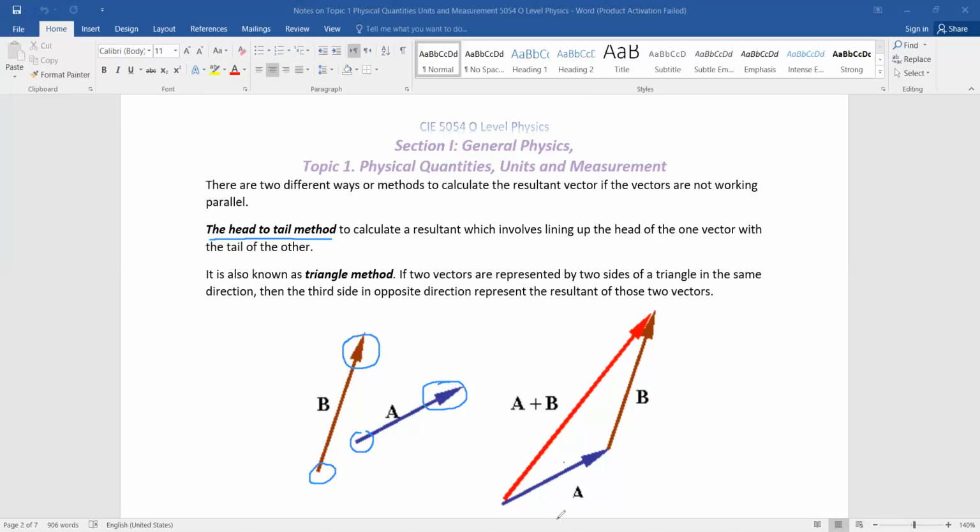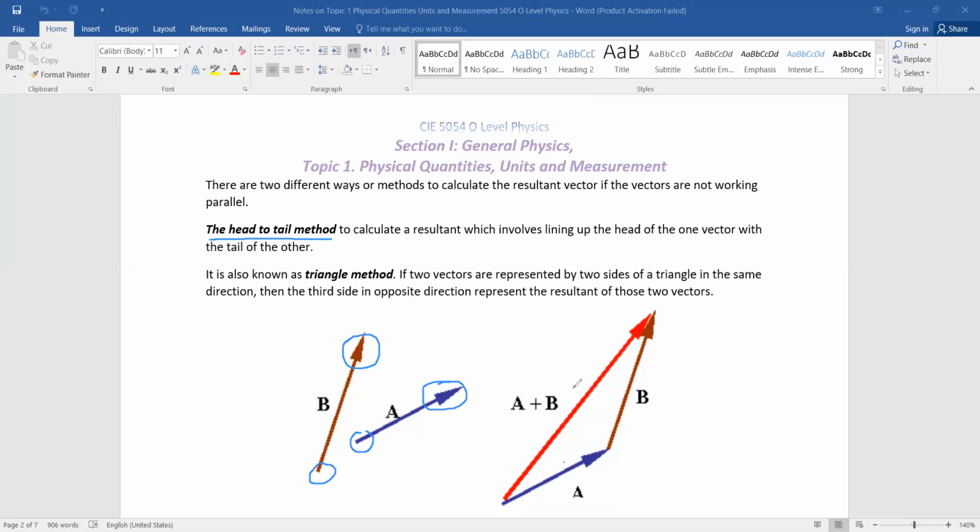These two vectors are not only giving you the resultant; when we join this tail and this head, then we get the resultant. Clear now?